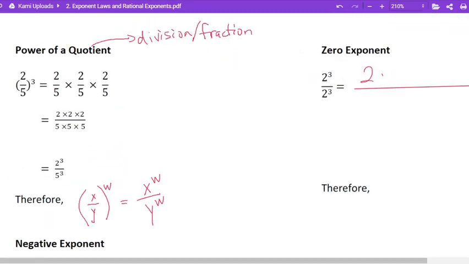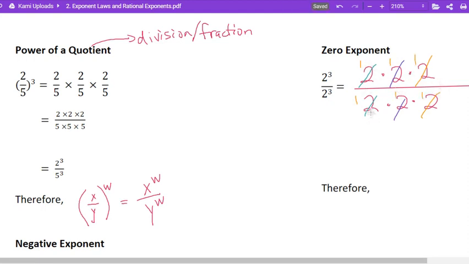Well, that's just saying 2 times 2 times 2. And in the denominator, so I can cancel out pairs.